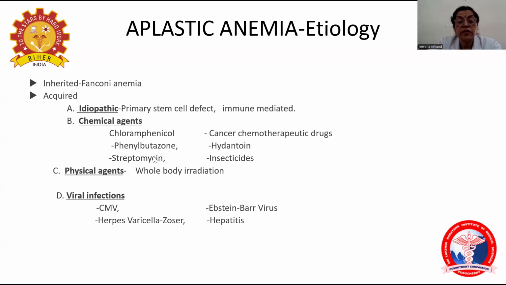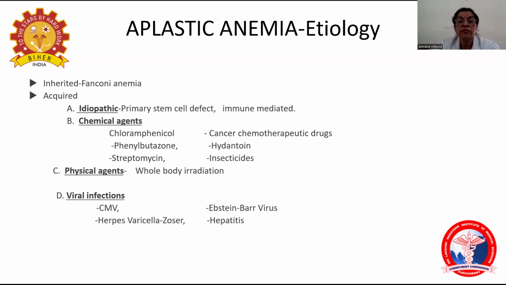Physical agents in the form of whole body radiation, so it may be because of therapeutic radiation or an occupational hazard where the whole body is exposed to radioactive substances, leading to suppression of the bone marrow. The fourth cause would be viral infections, mainly cytomegalovirus, Epstein-Barr virus, or the herpes and hepatitis viruses.